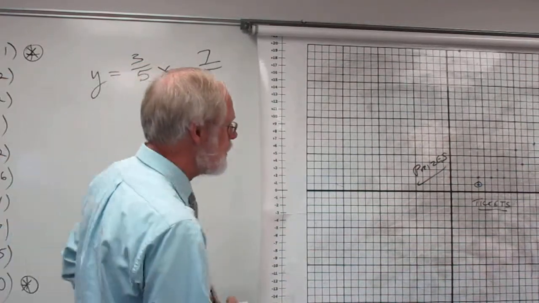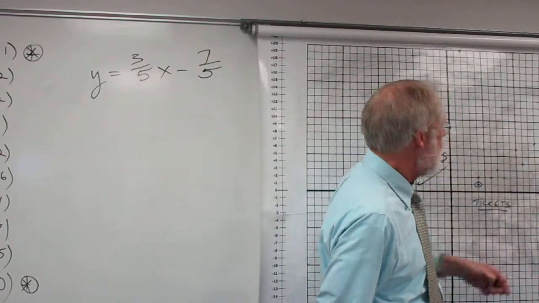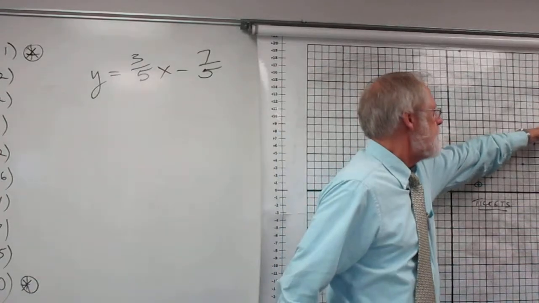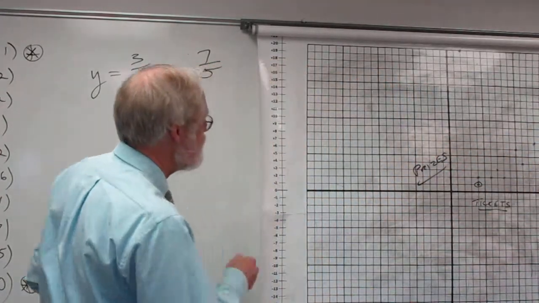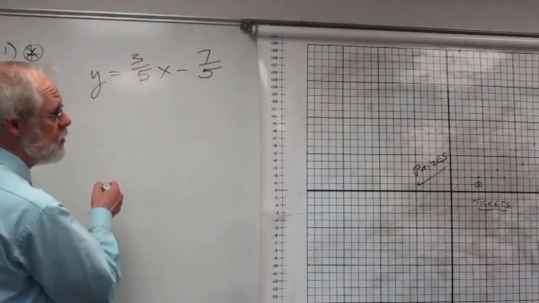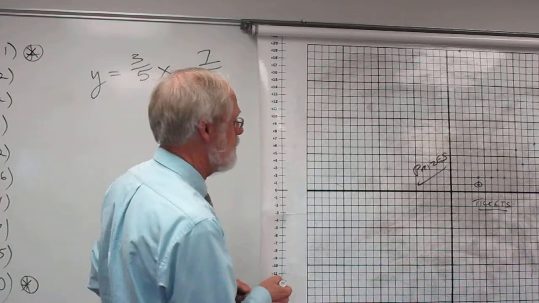Now, another question might be, if we got out here past 19, let's say, how many prizes might we be likely to expect if we had purchased 30 tickets? So I'm going to put 30 in for x, and I want to find out what y comes out to be.